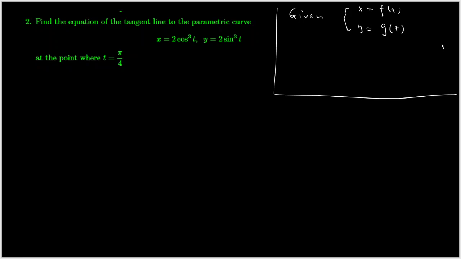Now the formula, okay. The formula is that the derivative of y with respect to x is equal to a fraction: the derivative of y with respect to t over the derivative of x with respect to t.